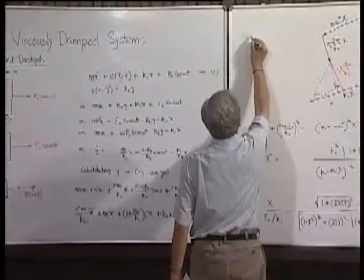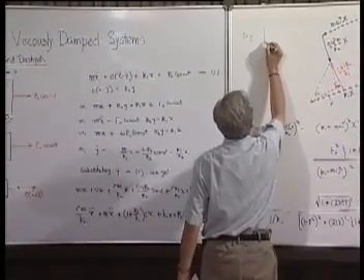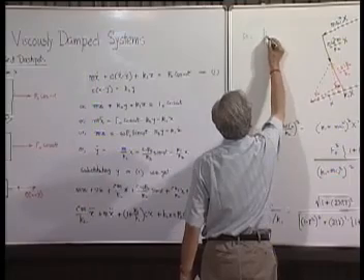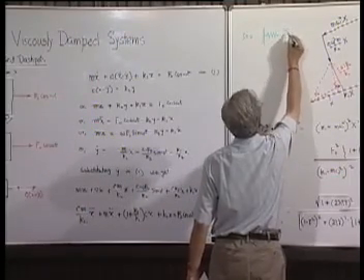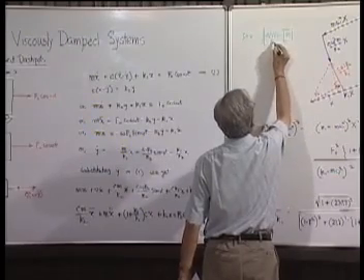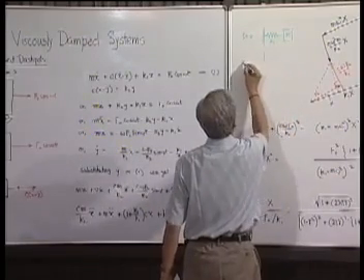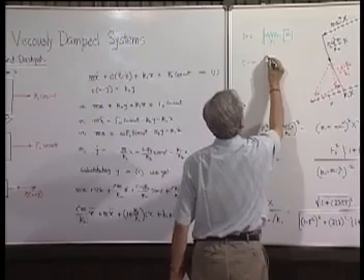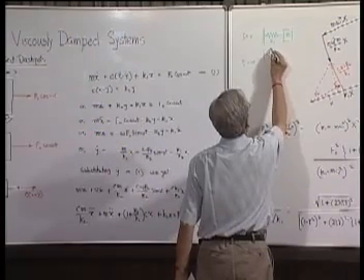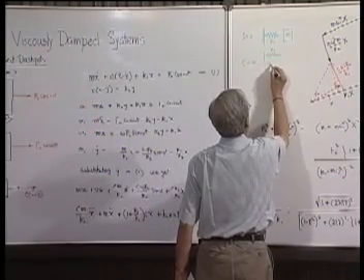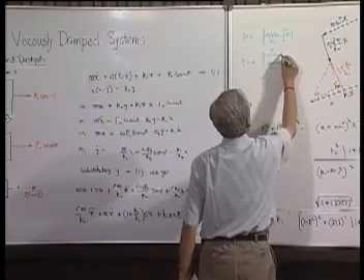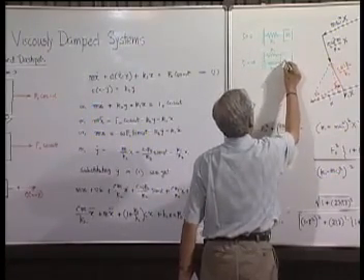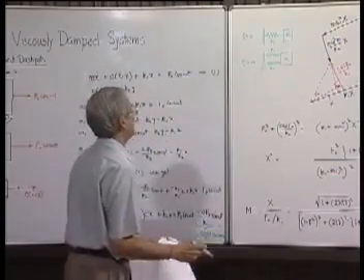Zeta is equal to 0 means this, and zeta is equal to infinity means this is the case.